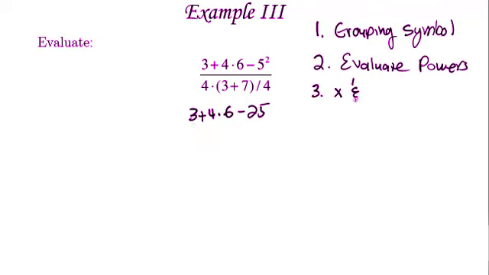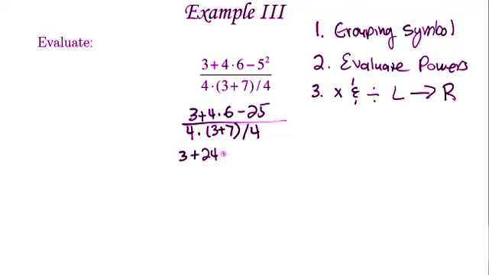Multiply and divide from left to right. So my denominator is just staying the same. Now I'm going to multiply 4 times 6, so that's going to give me 24, minus 25, still no change on that denominator because I'm handling it separately.